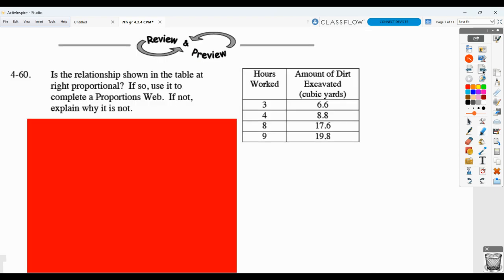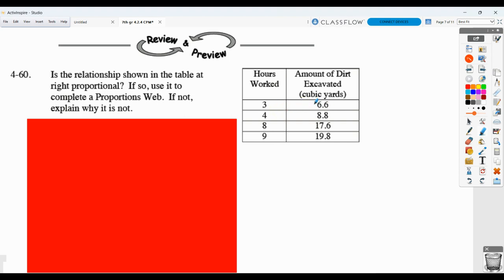So they want to know if the relationship shown here is proportional. If so, complete the proportions web. If not, why not? So, a couple things again we want to remember when we think about whether a situation is proportional or not. Is there a constant multiplier from one to the other, from the x value to the y value? And we can see that there is.